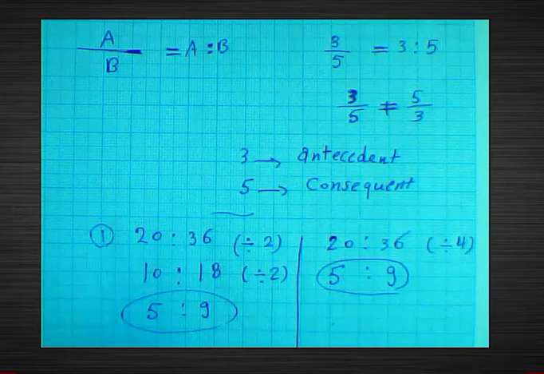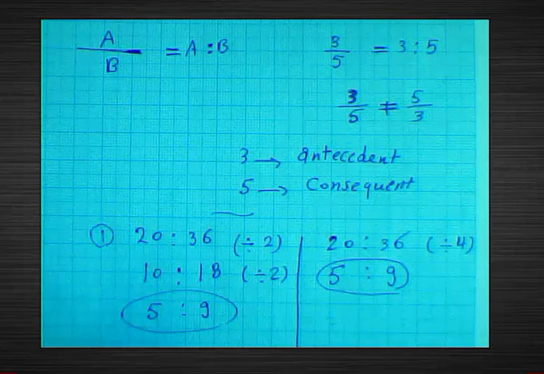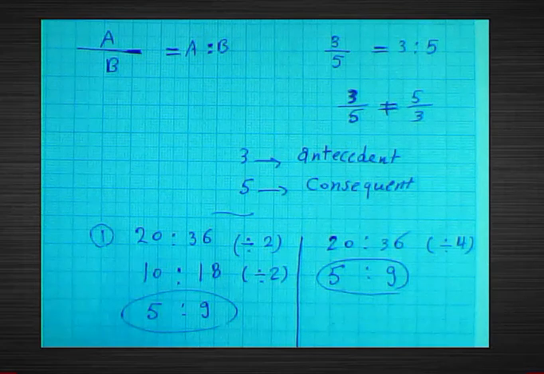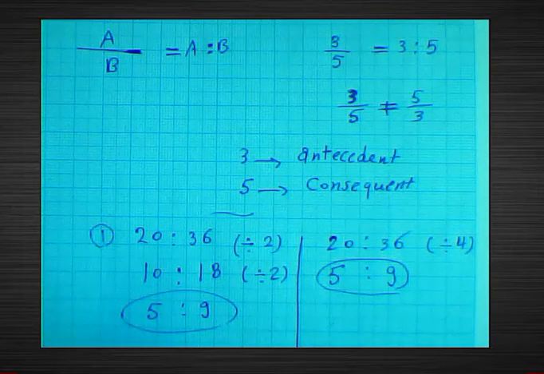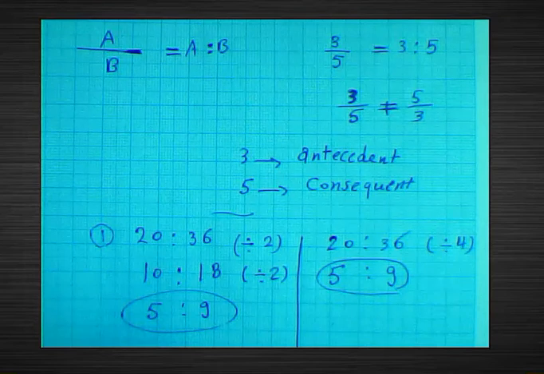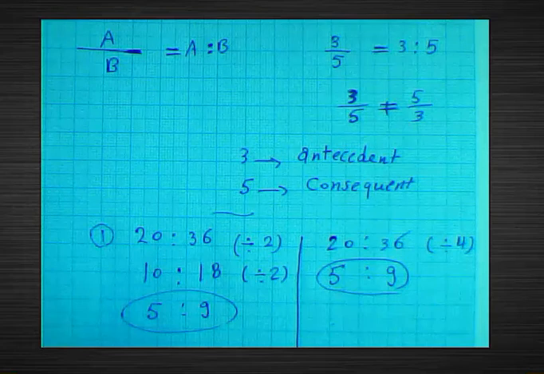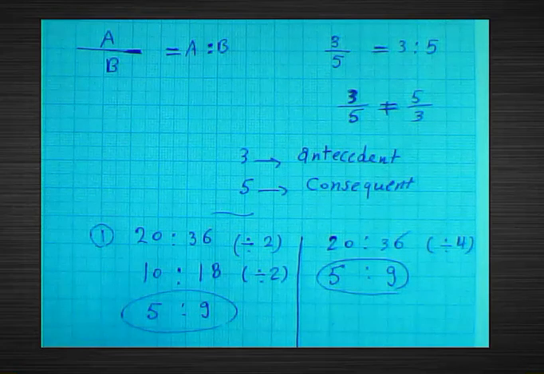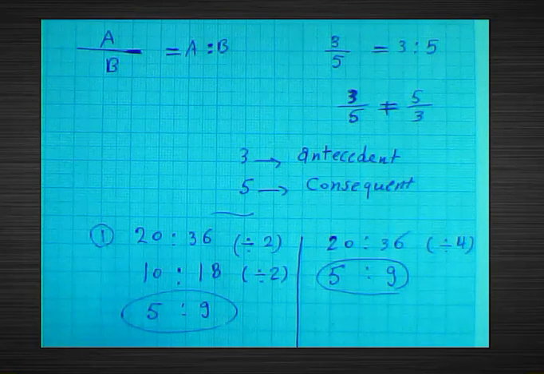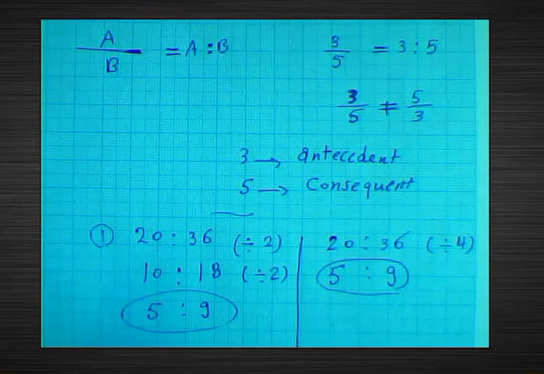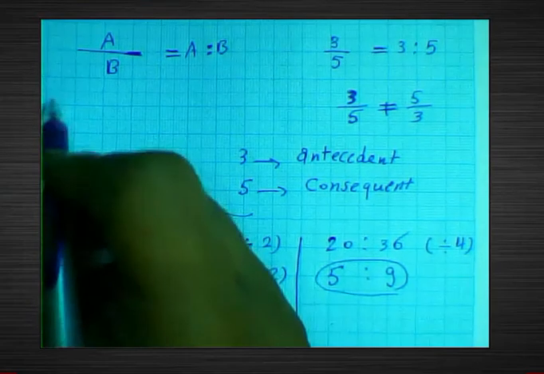The ratio is comparing between quantities. It is the way of comparing between two numbers or two quantities of the same type and the same unit by division. We can find the simplest form by division, division by 2 or 3 or 5, and we must know the prime numbers.